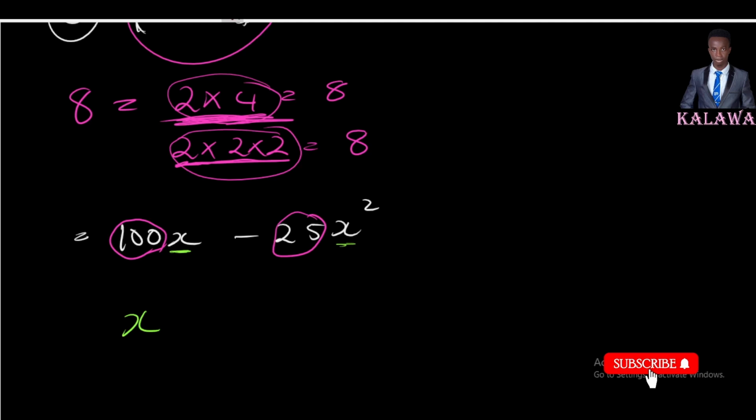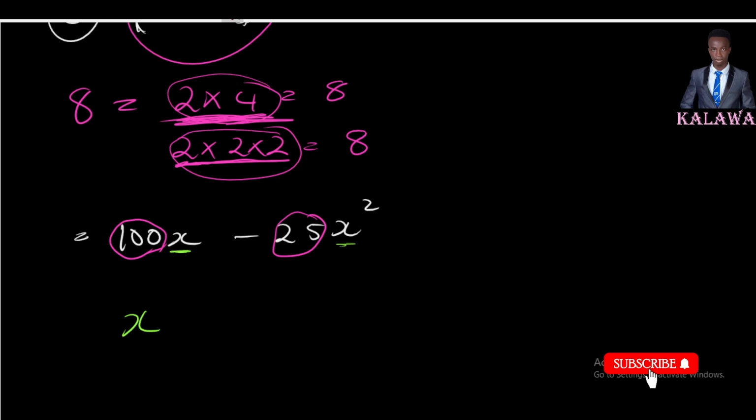That's the method you should always apply when finding the common factors in factorization. One, ask yourself which variable you can see in the first term that also appears in the second term, and that we have taken out, which is x.